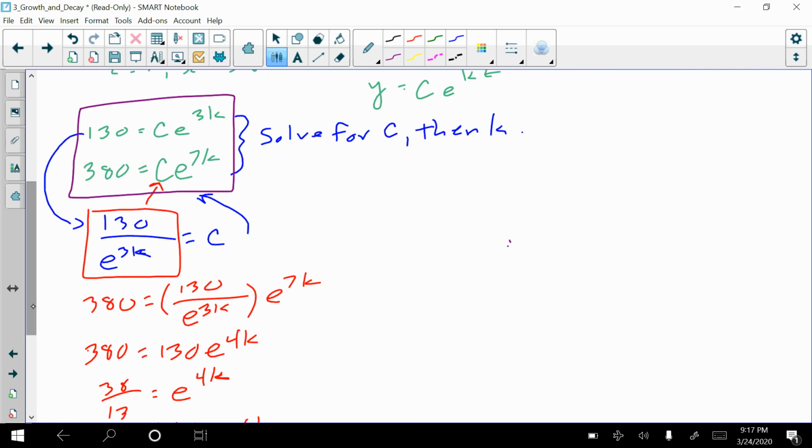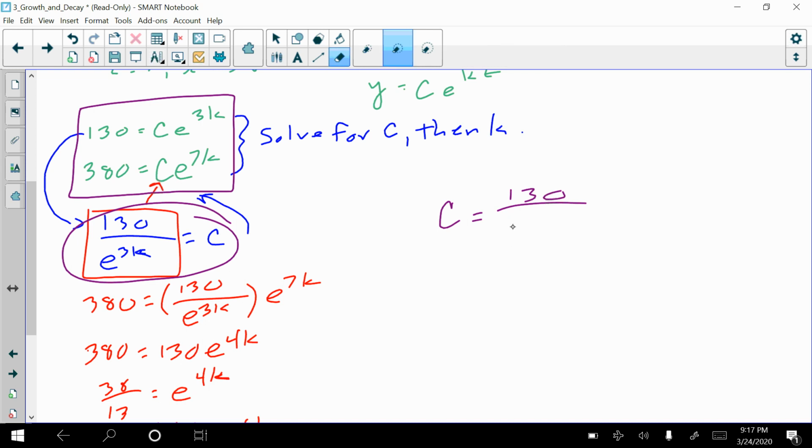So we already know that, and partly because I already have this expression here, C is going to be equal to 130 divided by e to the 3k power, and in this case, the k number was about 0.286, and time in this case was 3.